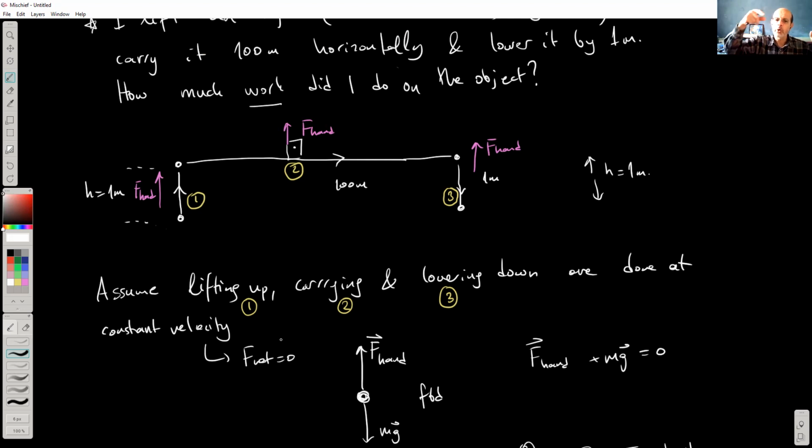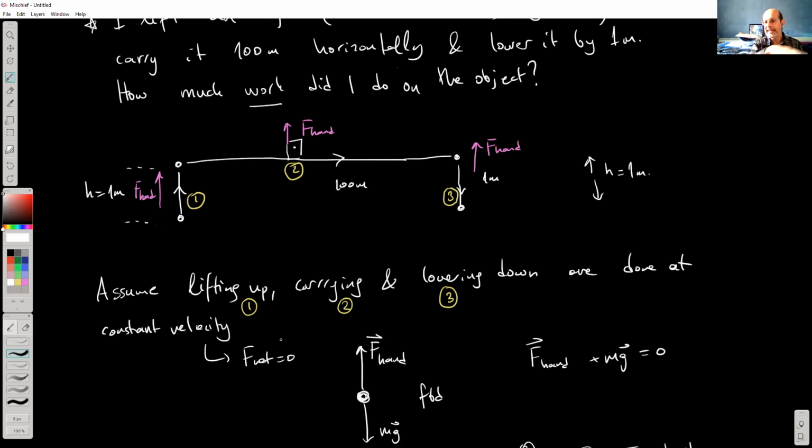I'm not doing work only on the object. My muscles are also doing some work on these muscle cells as well. So as a result, there will be some work done in this part of my body, as well as work done on the object. So somehow I have to spend energy to transfer to the object and also transfer some of this energy to my muscles as well.